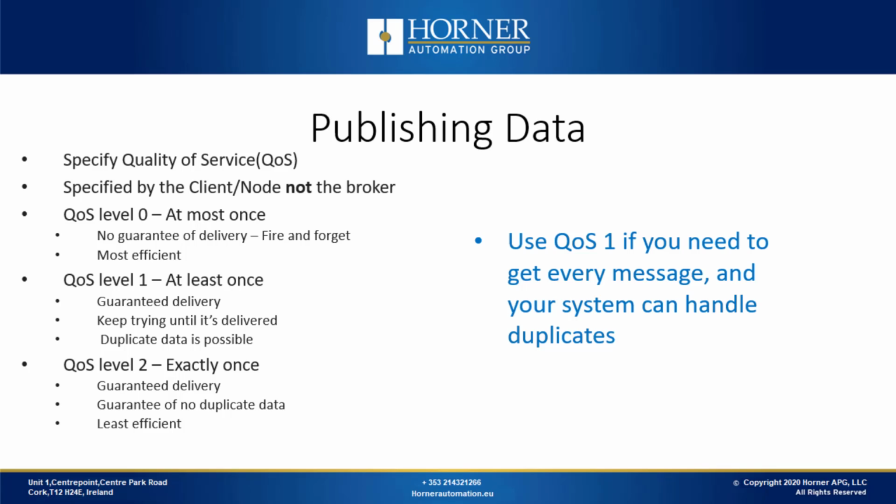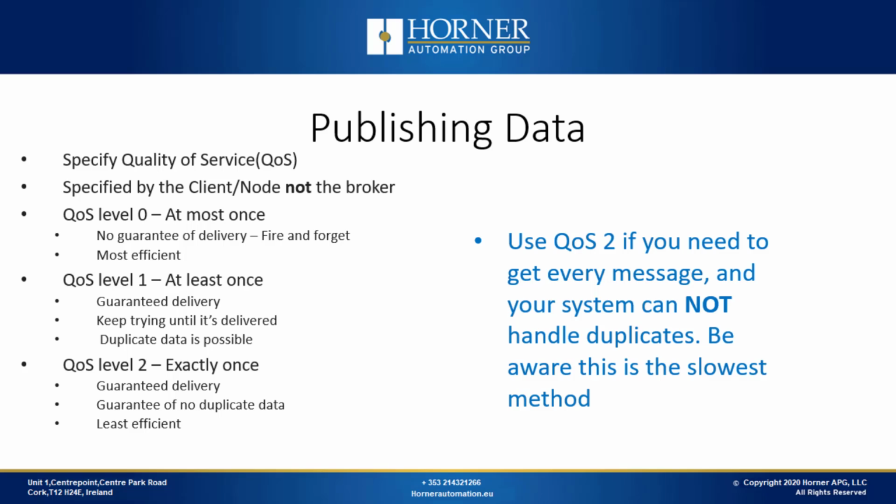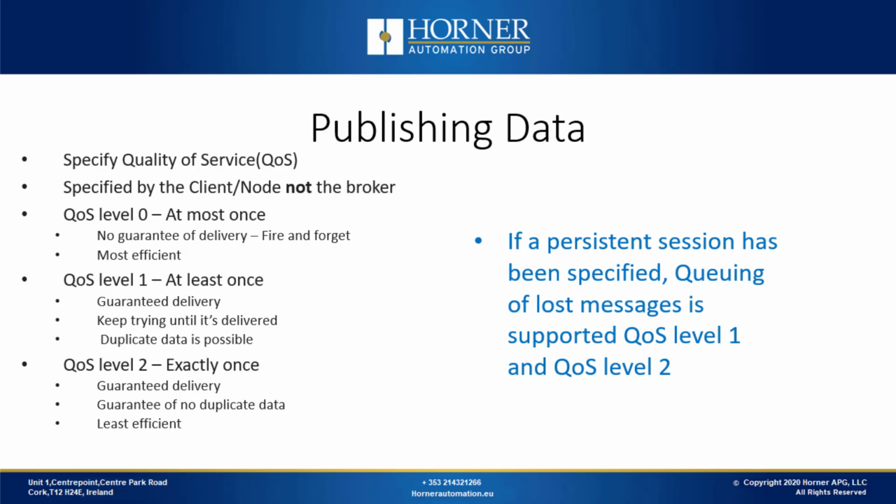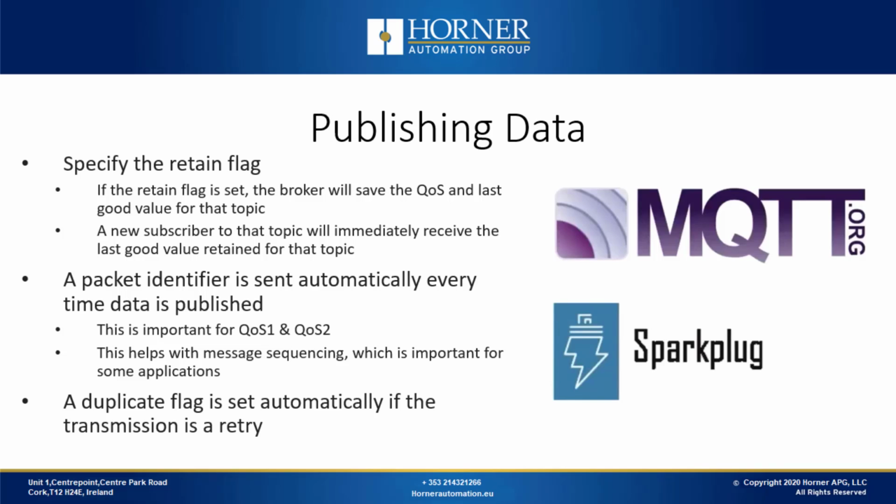You would use level 1 if you need to get every message and getting duplicates is not an issue. You would use level 2 if you need to get every message, but your system can't handle duplicates. Also, if a persistent session has been specified, then queuing of lost messages is supported in quality of service 1 and 2.